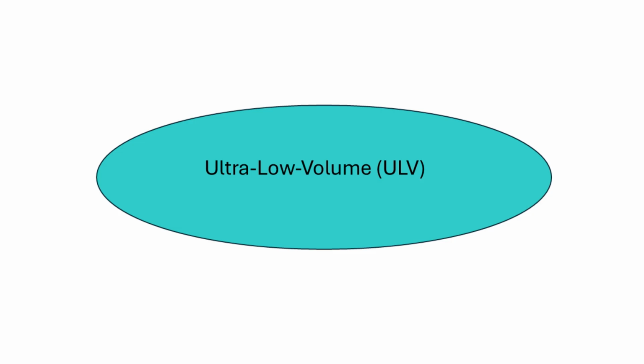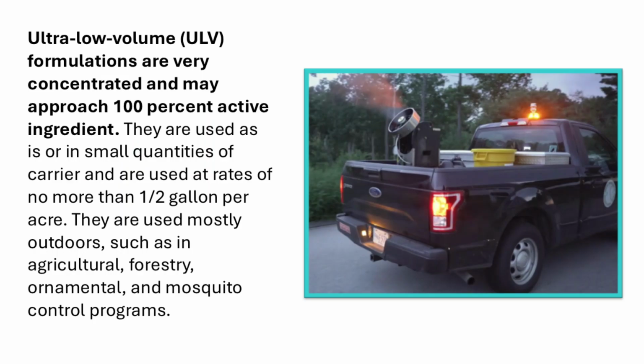Next, we'll take a look at ultra-low volume, also known as ULV. Ultra-low volume, ULV formulations are very concentrated and may approach 100% active ingredient. They are used as is or in small quantities of carrier and are used at rates of no more than 1/2 gallon per acre.